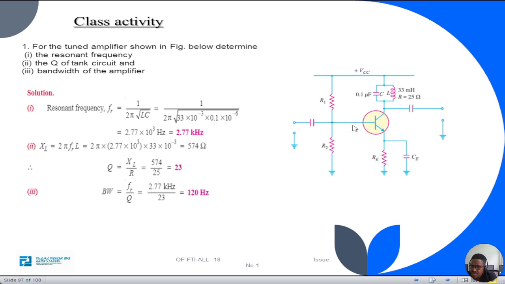Practically, the quality factor must be greater than 10, so our quality of 20 is fine. The bandwidth is the resonant frequency over the quality factor, which gives 120 hertz. That is from the highest to the lowest, plus or minus 60 around the center. So the bandwidth becomes 120 hertz. So see this simple single tuned circuit with an example.